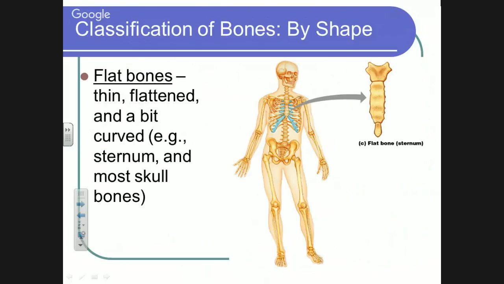All right, flat bones are thin and flattened. They can be curved a little bit. So the bones of your skull, the ribs, your sternum, which is your breastbone. Here, I'll go over to my hand. So your sternum is here, your scapula back here, your shoulder blades.